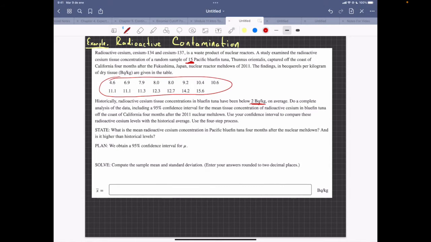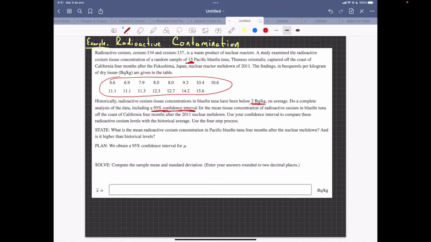Do a complete analysis of the data, including a 95% confidence interval for the mean tissue concentration of radioactive cesium in bluefin tuna off the coast of California 4 months after the 2011 nuclear meltdown. Use your confidence interval to compare these radioactive cesium levels with the historical average.